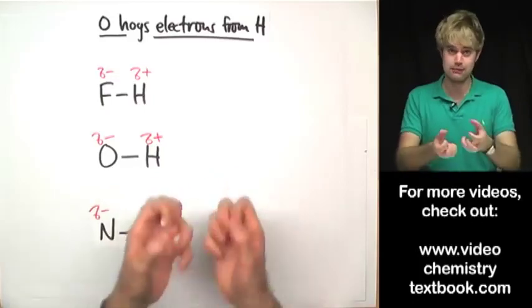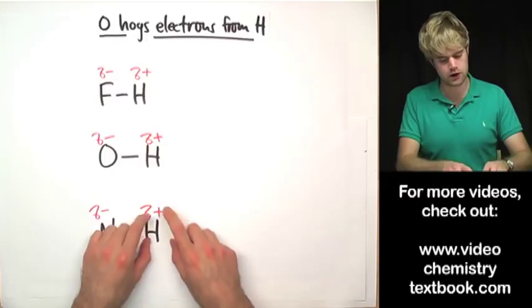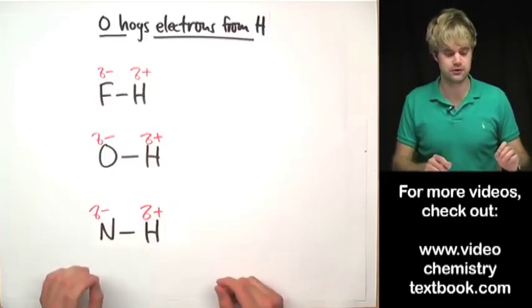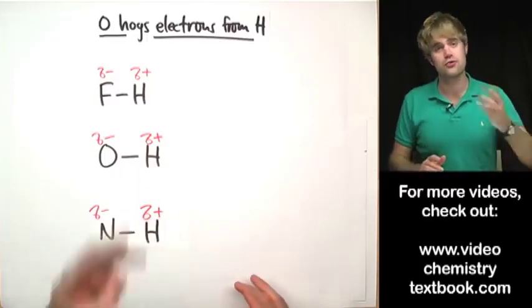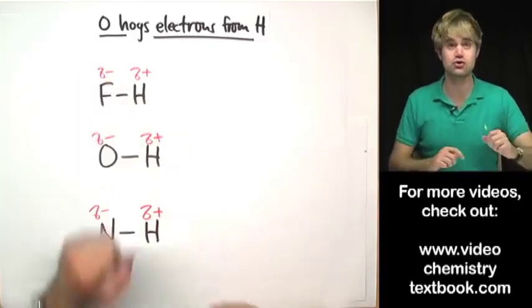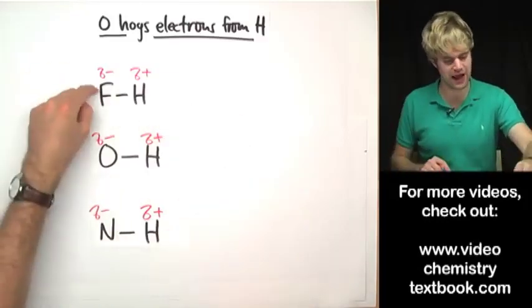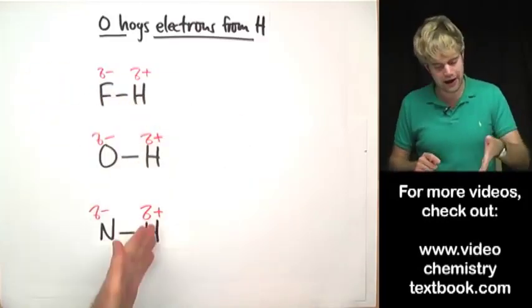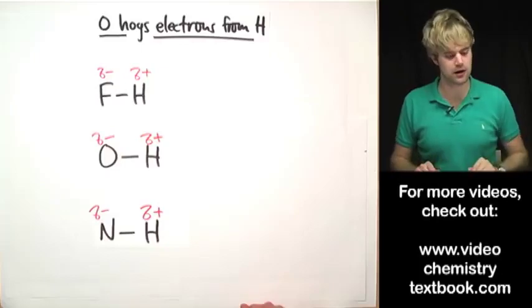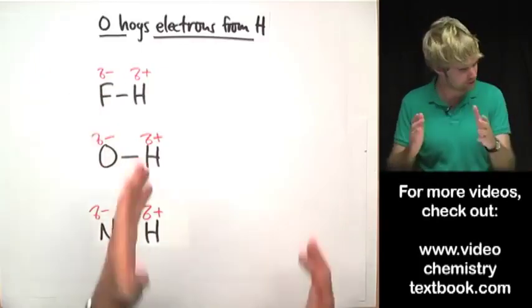Nitrogen, too, is able to hog electrons away from hydrogen, so it gets a negative charge, giving hydrogen a positive charge. So, there are three atoms that can participate in hydrogen bonding besides a hydrogen, and they are F, O, and N. If a hydrogen is bonded to an F, an O, or an N, that hydrogen can form a hydrogen bond. You can think about it because it spells phone. I mean, not spelled correctly, but it's like F-O-N, phone.